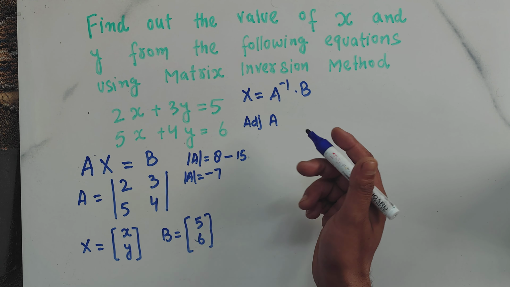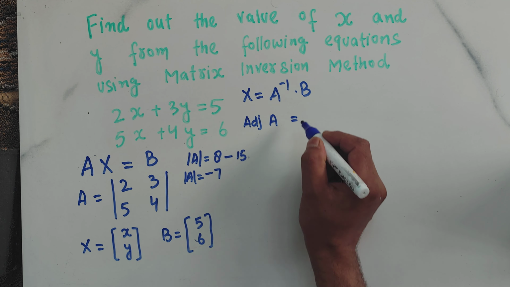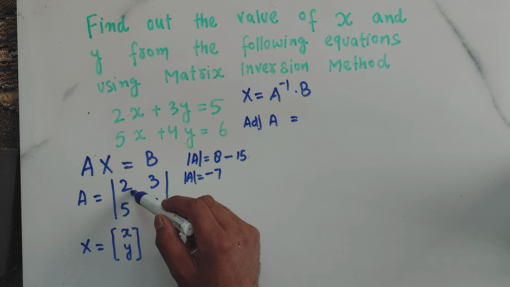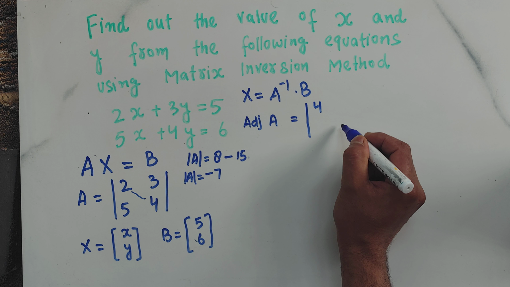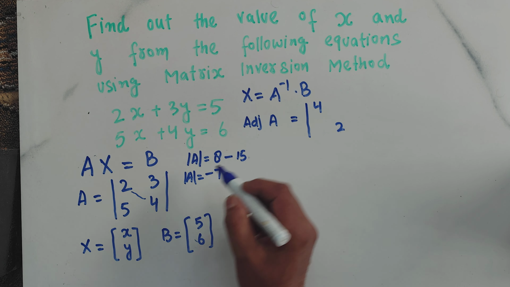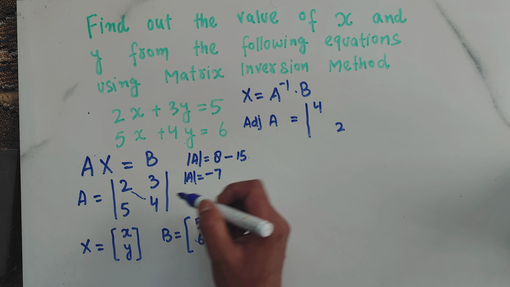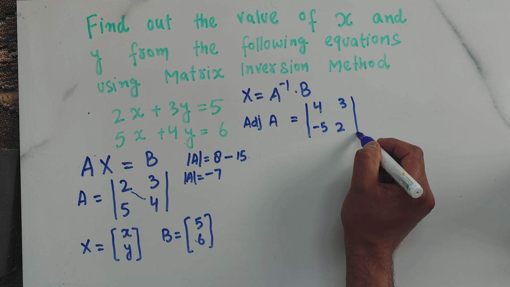Now to find out the adjoint of A, what do we do? We swap the principal diagonal elements, so it will be 4 and 2, and change the sign of the non-principal diagonal elements without swapping them. So it becomes -5, 3, -3.